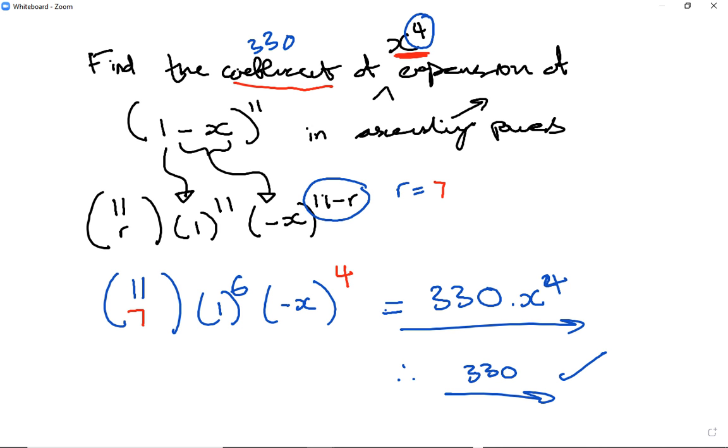Now, sometimes it's not so straightforward where you're expanding it like this. It can change, and they can change the question into all kinds of different forms.